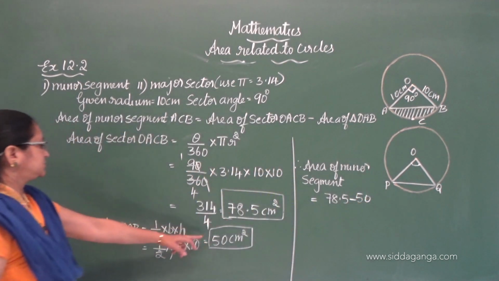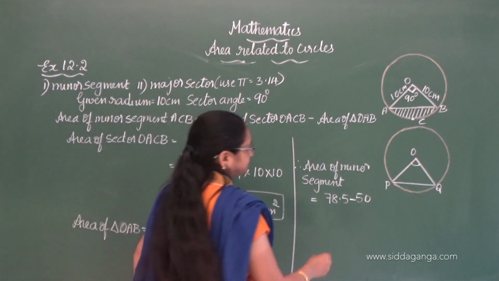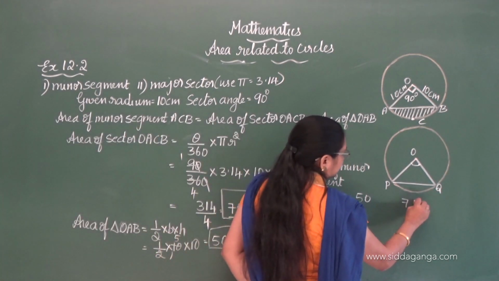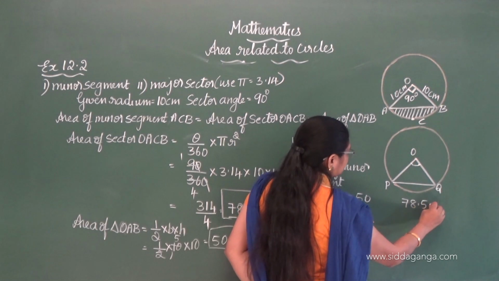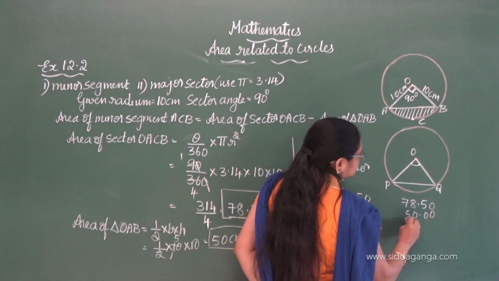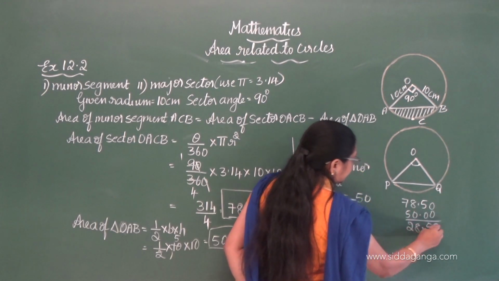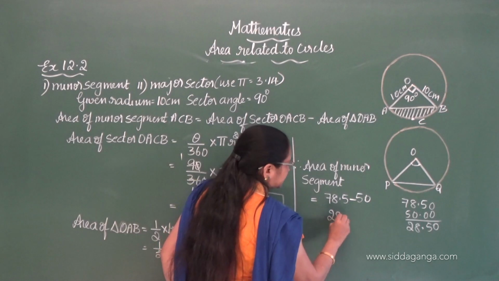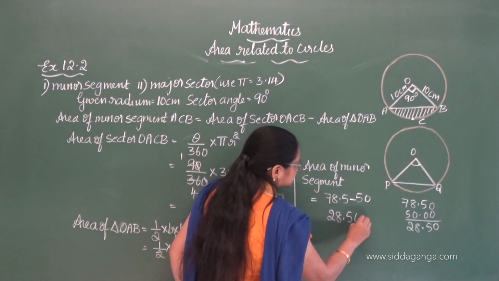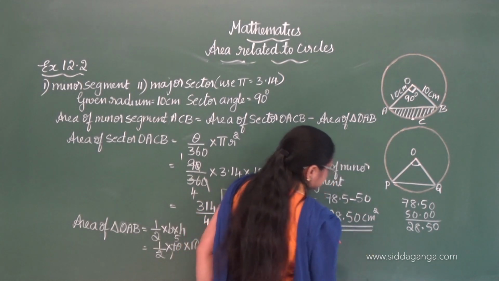I hope you understood. 78.5 minus 50. So, what will you get? 28.50 centimeter square.